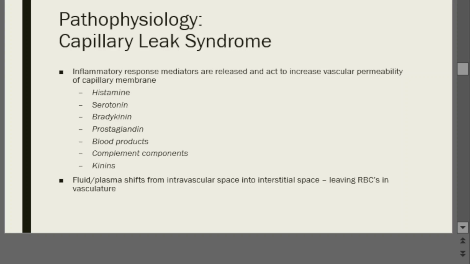Histamine, serotonin, bradykinin, prostaglandins, blood products minus whole blood, complement components, and kinins. This increases vascular permeability of the capillary membrane and will cause this capillary leak syndrome. This most commonly occurs in burns that are greater than 20%.